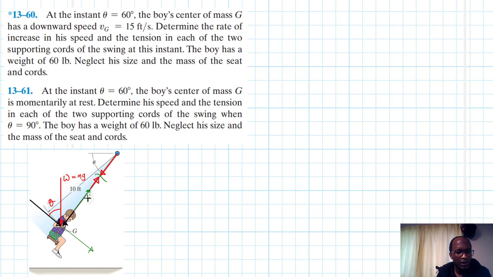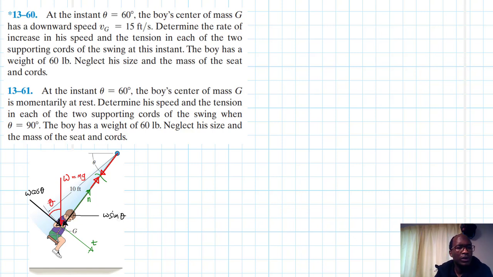This is the n coordinate, this is the t coordinate, and this one becomes W cos theta, and this one becomes W sine theta.